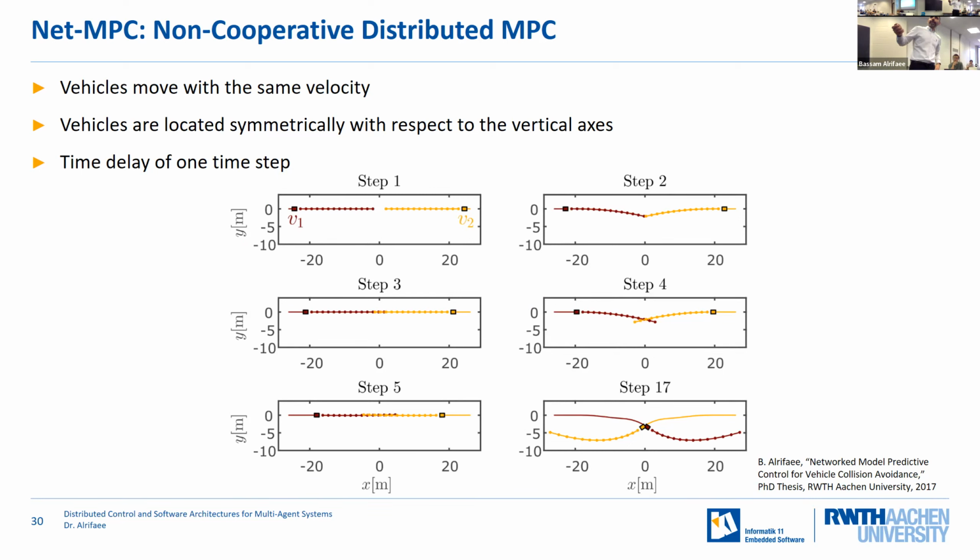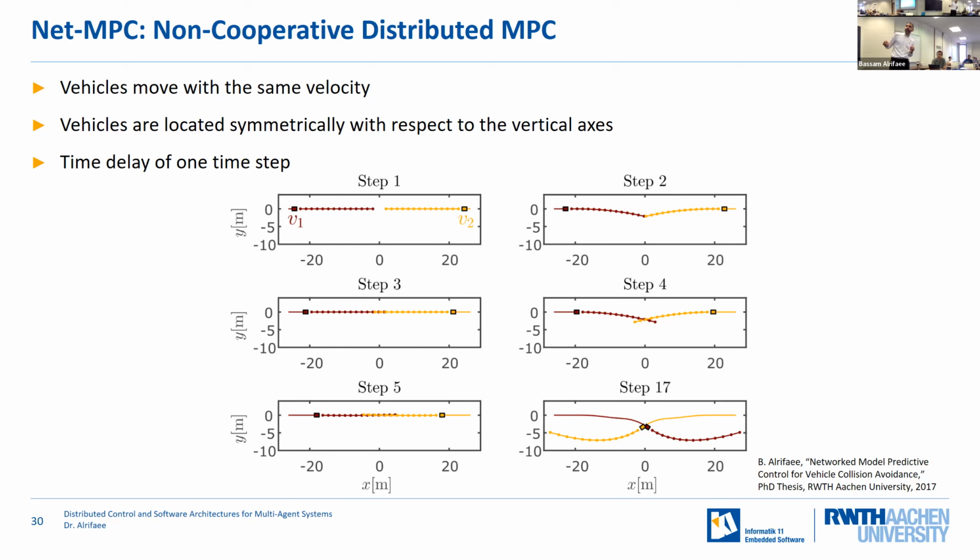So we place two vehicles symmetrically with respect to the y-axis and let them drive in, so the reference trajectories are straight lines in each direction, and they drive exactly with the same velocity, of course, in simulation. And if this happens, they are very symmetrically placed around the y-axis.